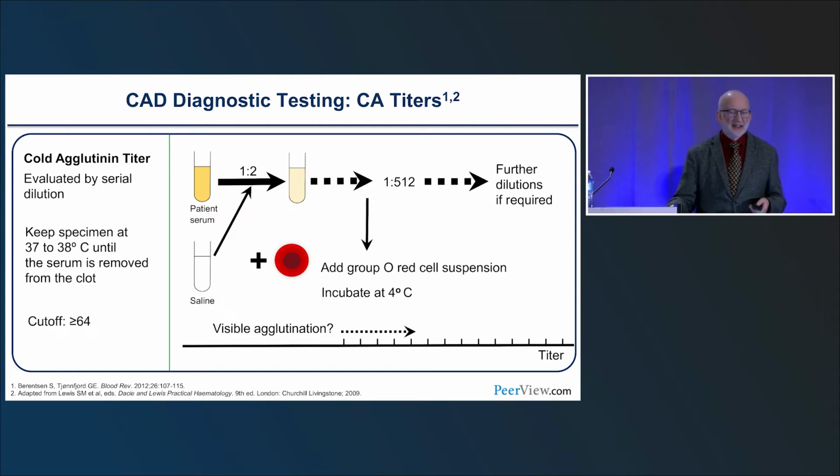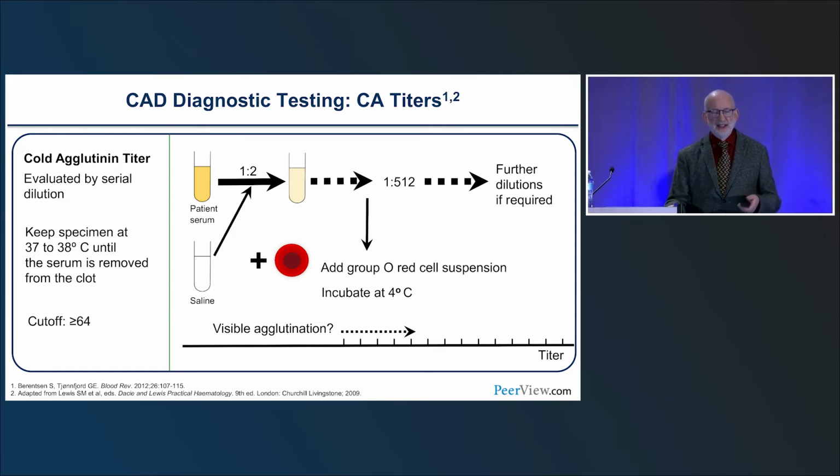And another test that I mentioned was the cold agglutinin titer. The principle is as illustrated here. Serum or plasma is diluted with saline by steps of two-fold dilution. So you make a dilution of 1 to 2 and 1 to 4, 1 to 8, 1 to 32, 1 to 64, 1 to 128, and so on. The practical procedure can differ between labs, but often the dilutions are continued until 1 to 512.